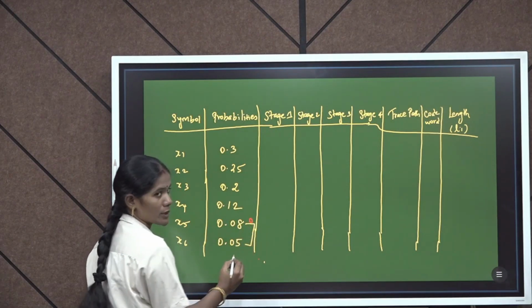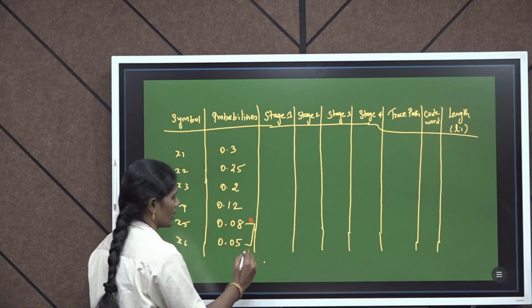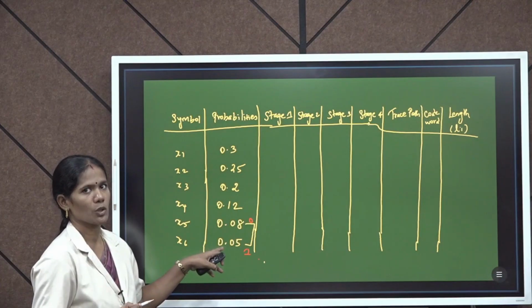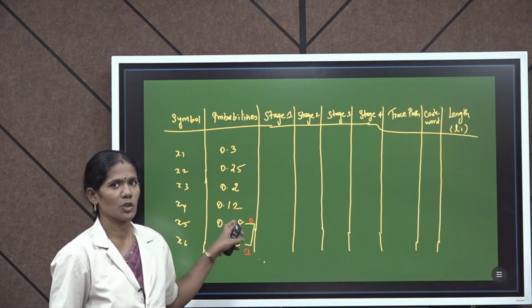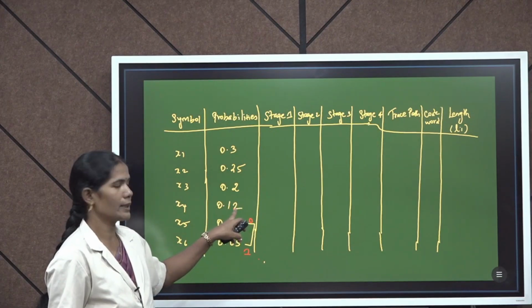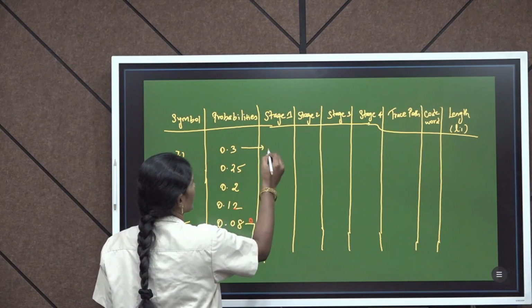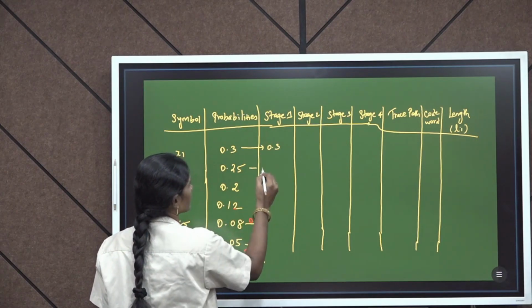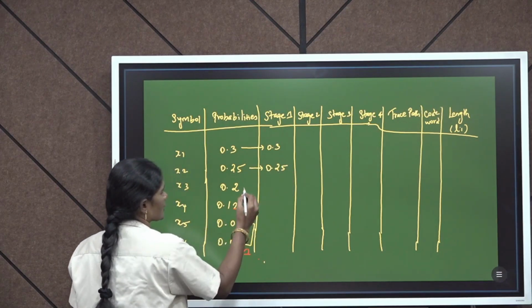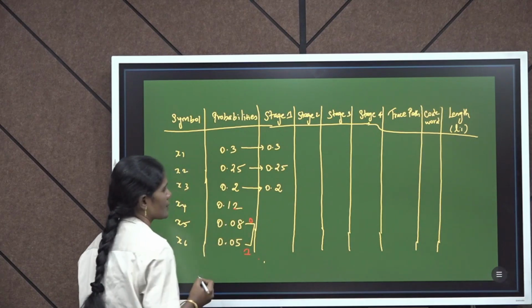Assigning 0 to the 0.08 and 1 to the 0.05. Add these two symbols, the addition result will be 0.13. The addition result 0.13 will be placed between 0.2 and 0.12. So, the 0.3 will be moved here as it is, 0.25 also placed as it is, next 0.2 also in stage 1.